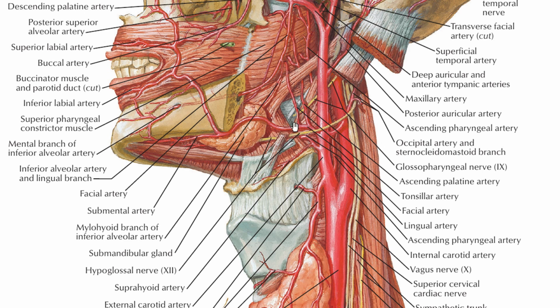Then this artery gives two branches. One is the ascending palatine. It ascends and supplies the palate. Then we have got the tonsillar artery. It is a very important branch of the facial artery. It is going to supply the palatine tonsil.